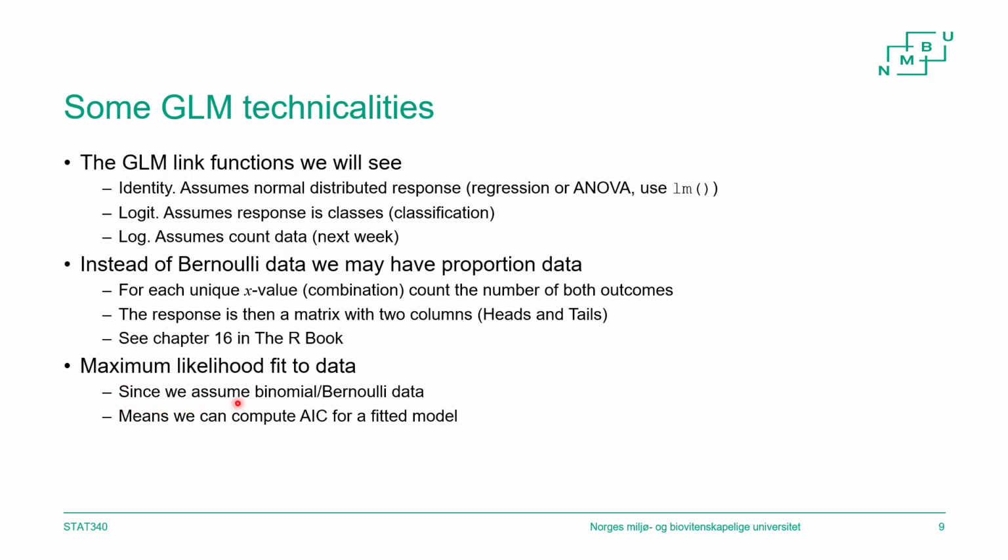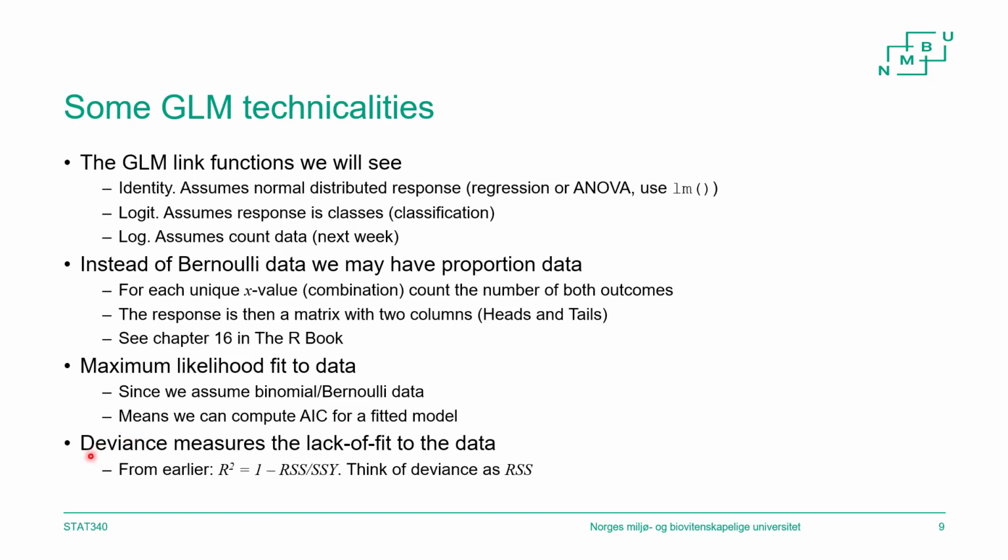And once you have an assumption of a distribution, you can in principle get a maximum likelihood fit. And why is this so nice? It means we can compute Akaike's information criterion, AIC, that we have seen before, for each fitted model. And we will see that shortly. So a nice byproduct of maximum likelihood fitting is that we always get these meaningful AIC values.